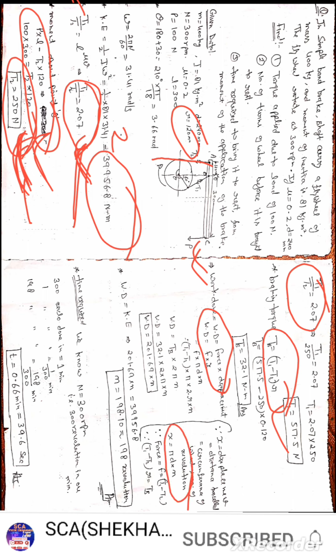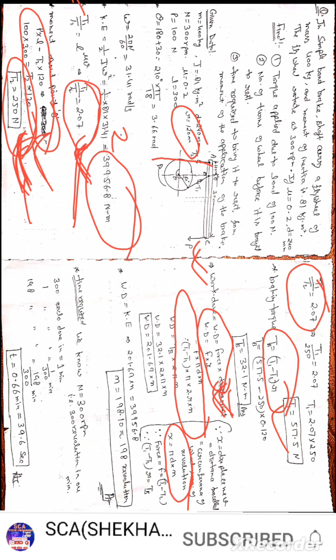Putting the value of x here and the force T1 minus T2 here, we got the formula of work done as T1 minus T2 into pi into d into n. Here 2r is equal to the diameter, so d is equal to 2r.